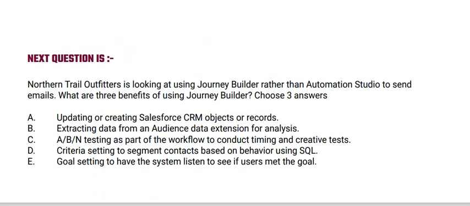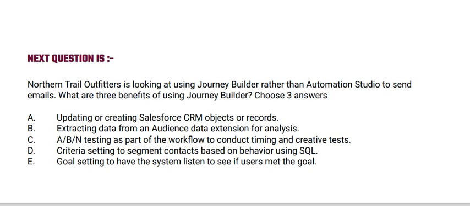Next question is, Northern Trail Outfitters is looking at using Journey Builder rather than Automation Studio to send emails. What are three benefits of using Journey Builder? Choose three options, and the options are: option A, updating or creating Salesforce CRM objects or records. Option B, extracting data from an audience data extension for analysis.